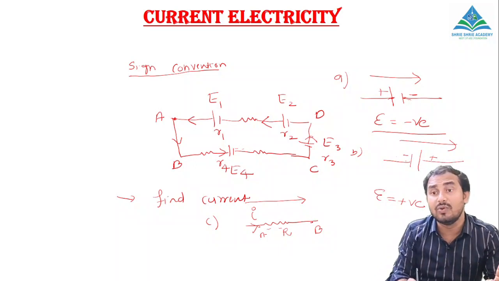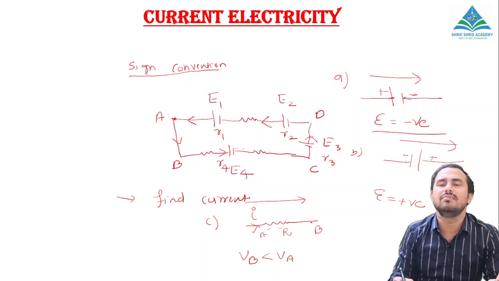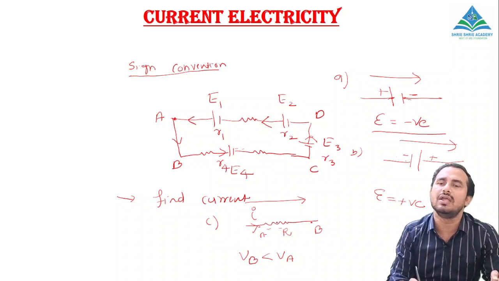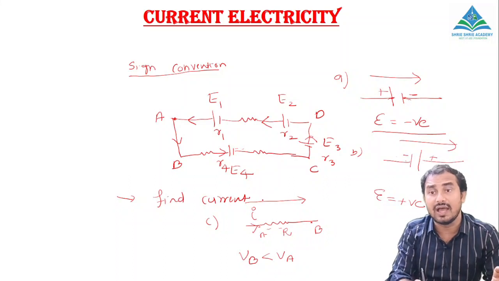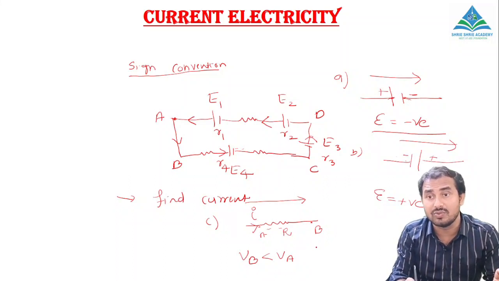So the potential becomes less, and potential at B is less than potential at A. While crossing the resistor, you have to give some voltage to it. So in this condition, IR is negative, because you are losing the potential.